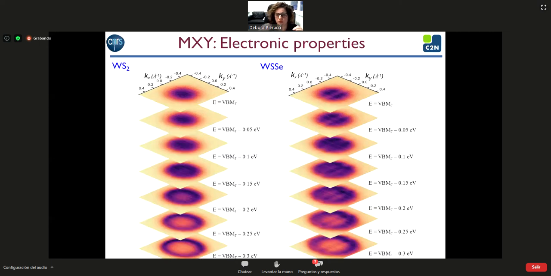Here I show you the iso energy cut of this 3D shape of the band dispersion. What we see clearly is that here we have only one paraboloid, the standard TMD, and here we clearly see two paraboloids that are shifted along the KY direction, so the gamma M direction. So why do we have this peculiar behavior in the ternary alloy?